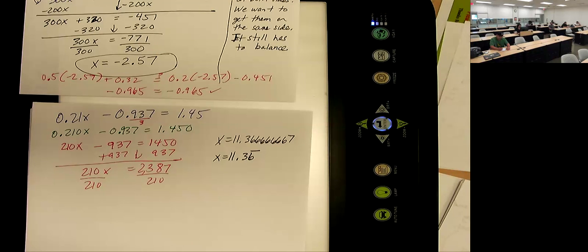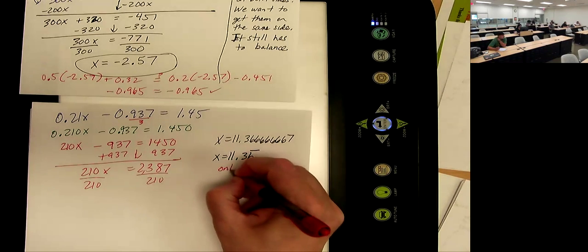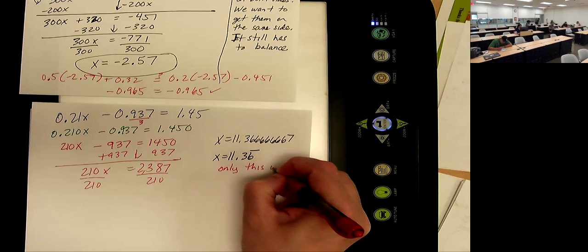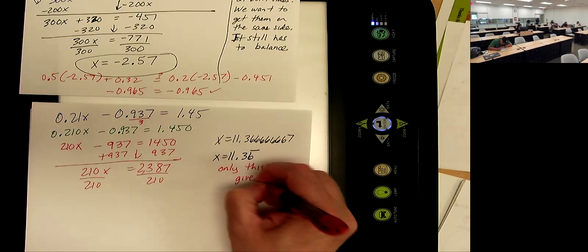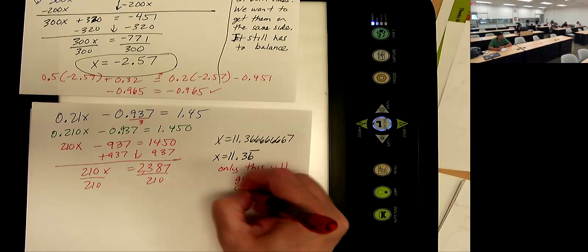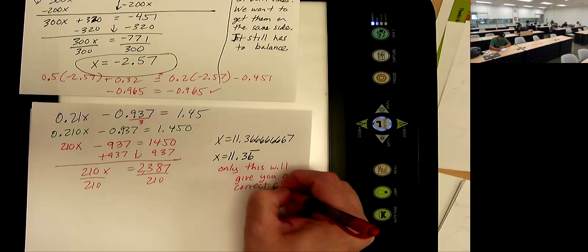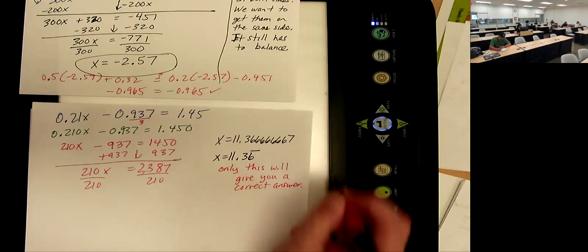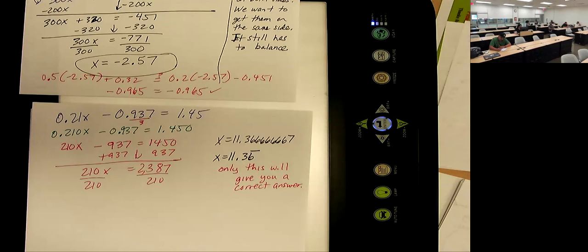Now, if you round to any decimal place here, you will no longer get a correct answer when you plug it in. Only this one will give you a correct answer. It doesn't matter how many decimal places we round to.